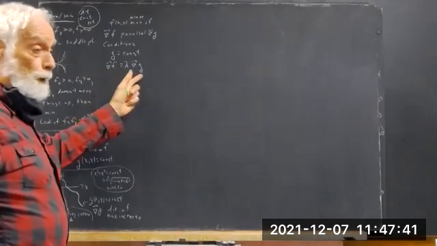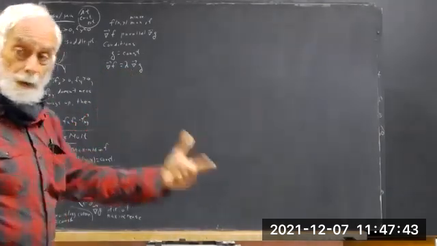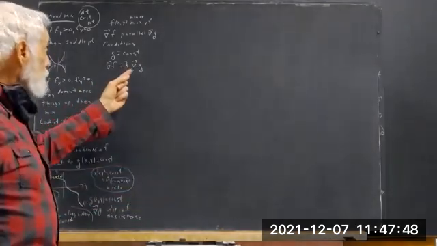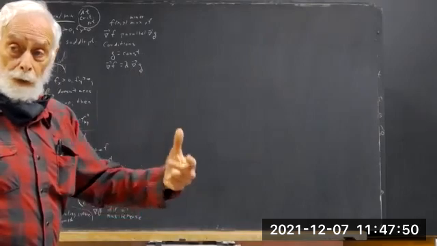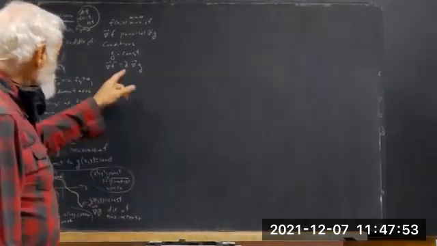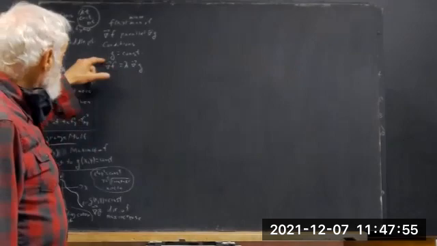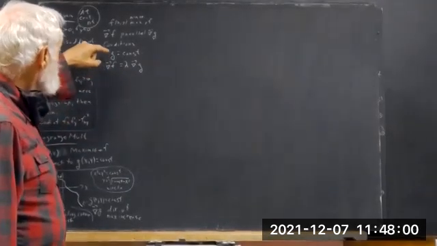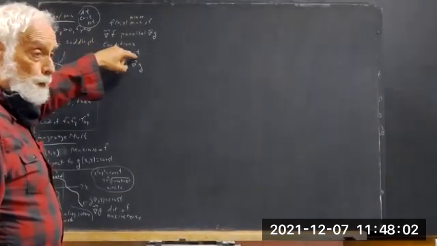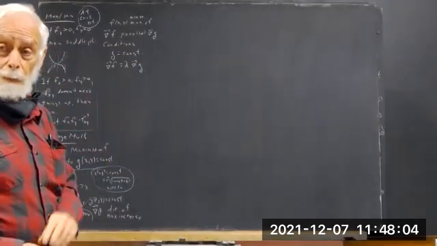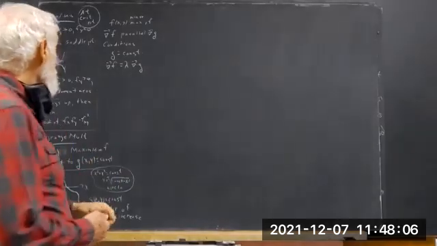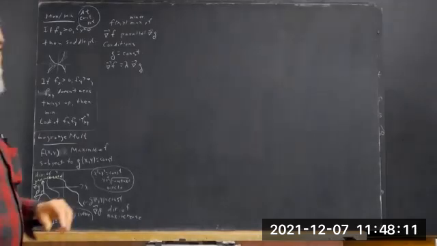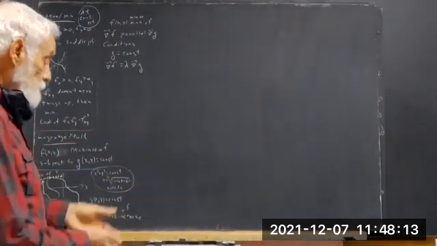The i component of del f has to be lambda times the i component of del g, and the j component of del f has to be lambda times the j component of del g. Same lambda. So there are two simultaneous equations here, and the equation g equals constant. That gives you three simultaneous equations, and those three simultaneous equations can be solved for x, y, and lambda.